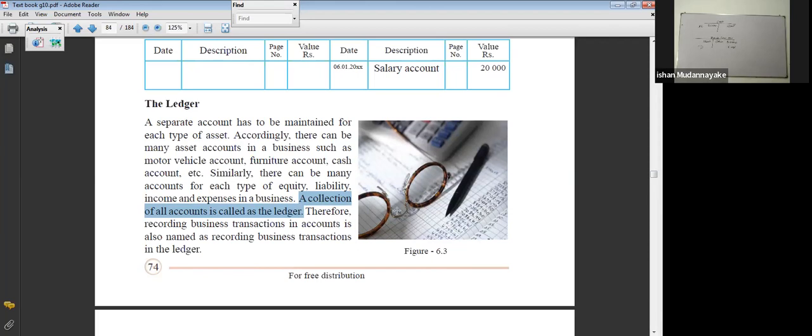There we already highlighted: a collection of all accounts is called the ledger. Page number 74, grade 10 textbook. Right. Okay, the second one is the answer.